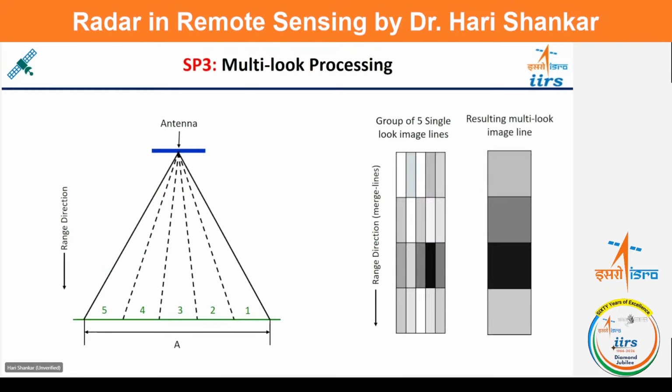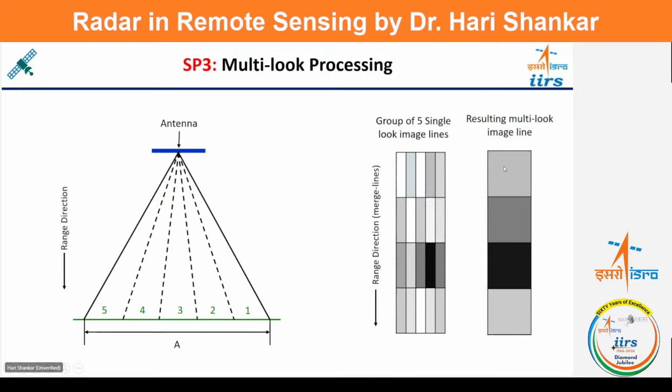Here you can also see this image is the single look image. This side is the range direction and this side is the azimuth direction. Here you can see how many pixels? 1, 2, 3, 4, and 5.